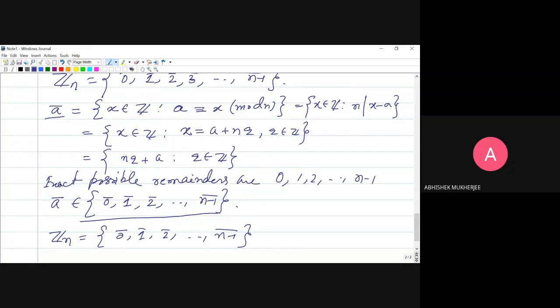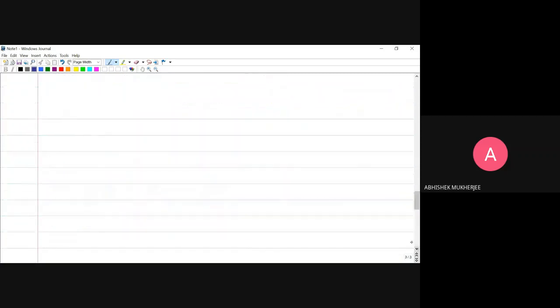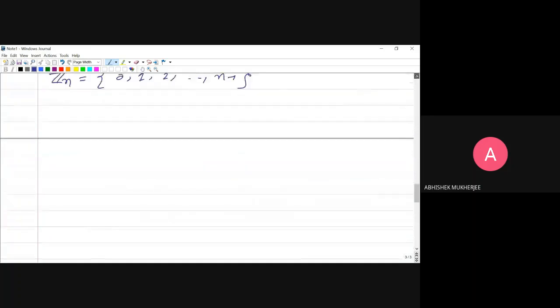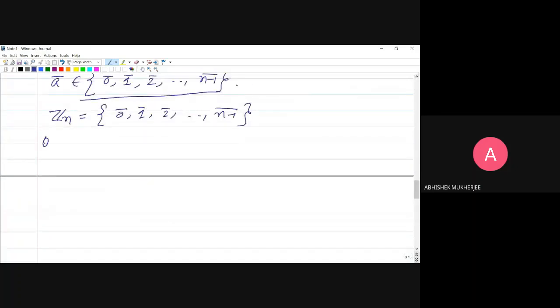And on this Zn you can define, so on Zn we define addition first, which is denoted by plus, in the following way.